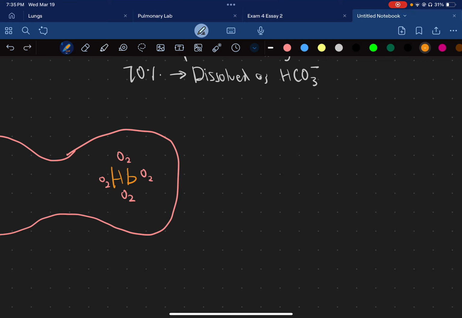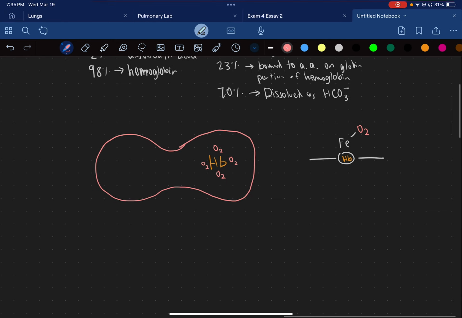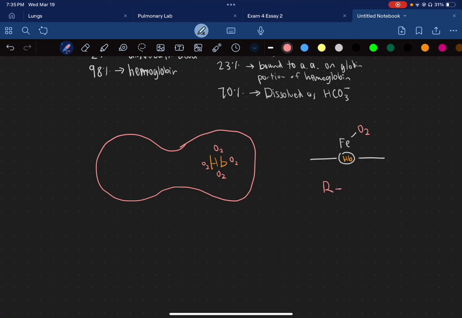Actually, wait, let me draw it in a different color. So inside here we have hemoglobin. Out here we have the iron. Iron is bound to O2. This is what we call the R state because iron is reaching for oxygen, or also the relaxed state.